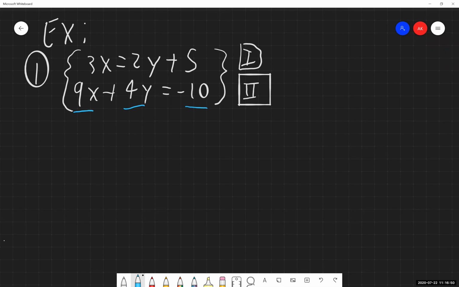So all of the constants are on one side, and all of the variable terms are on the other side. We need to do that for equation 1, though, because that currently is not in our standard form. So doing that, we need to rewrite this thing. Again, all the variables on one side, all the constants on the other. So I'm going to subtract 2y from both sides.